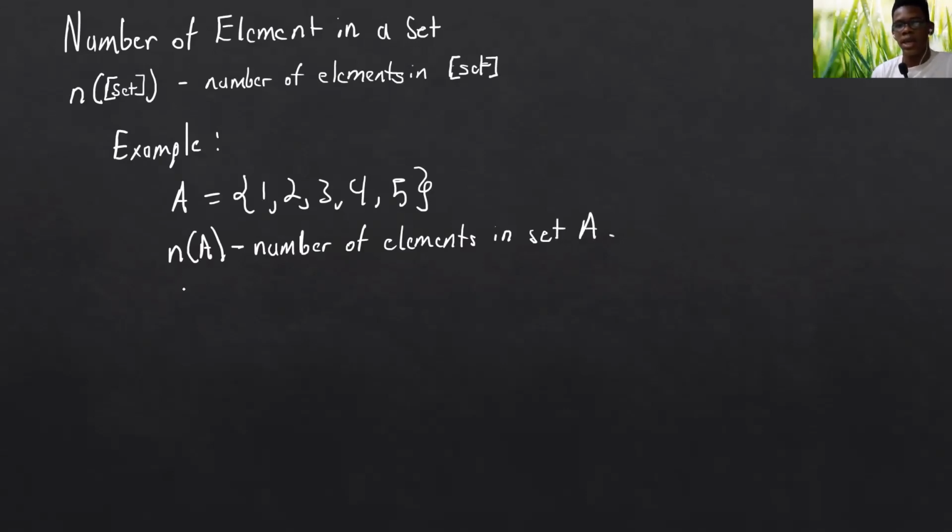In set A. And so N open bracket A would be equal to 5, right? It's easy to count when you write the numbers like that. And this would be equal to 5.